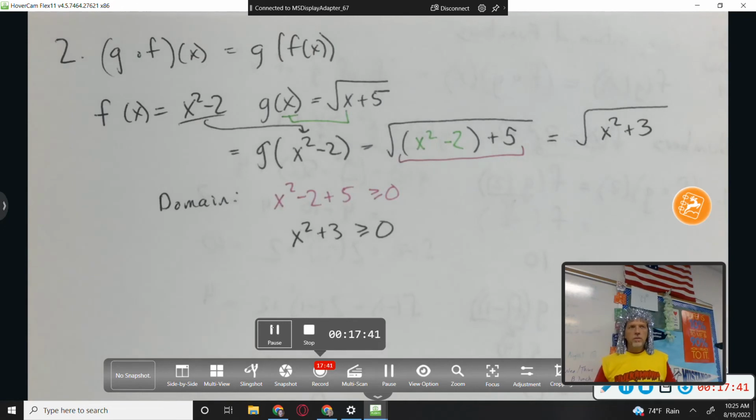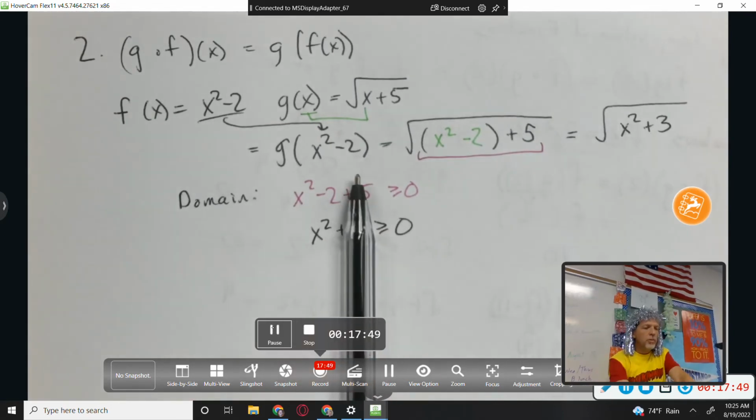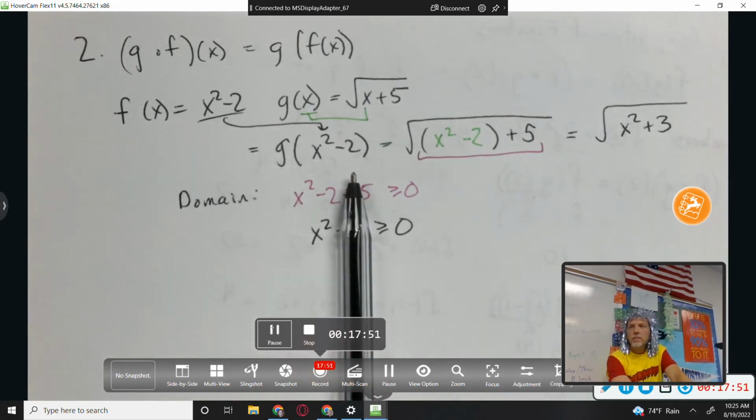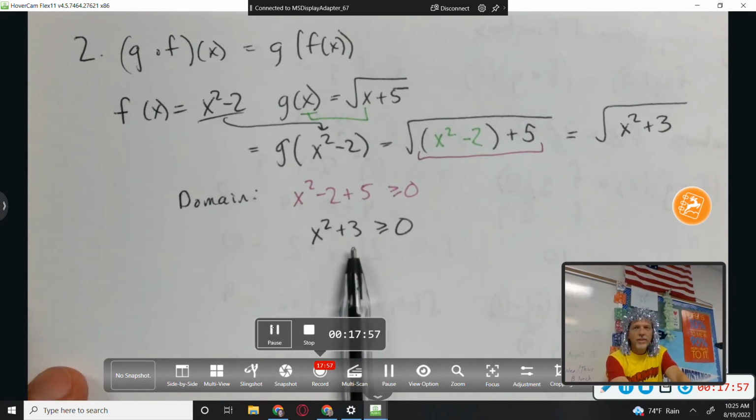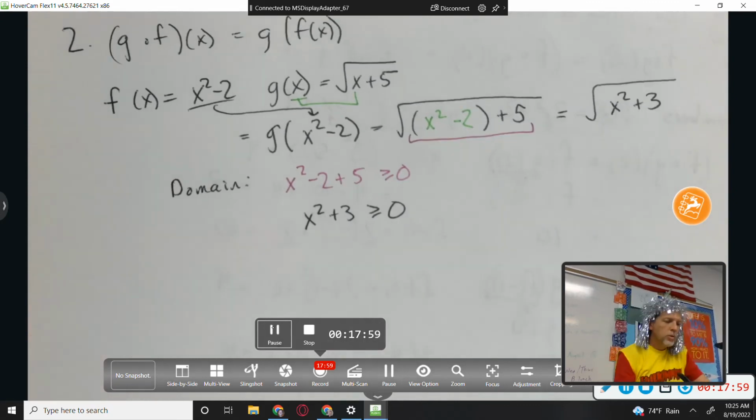So if I want x squared plus 3 to be greater than or equal to 0, you answered this earlier. What type of number do I get when I square something? Positive. Maybe 0 though, so be careful. But then if I add 3 to it, this is going to always be positive.